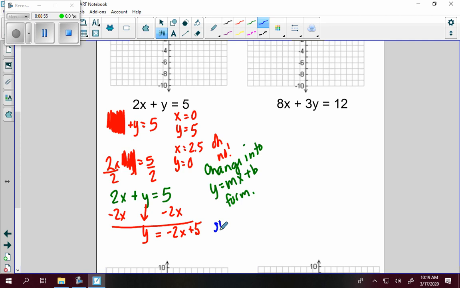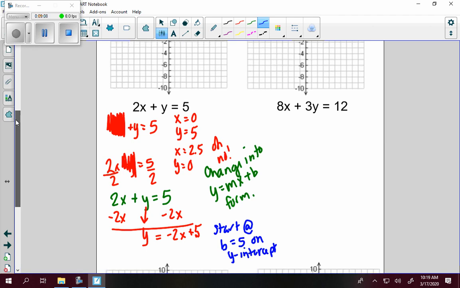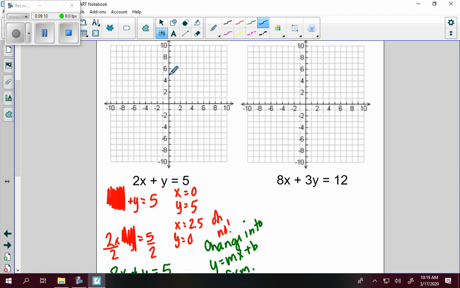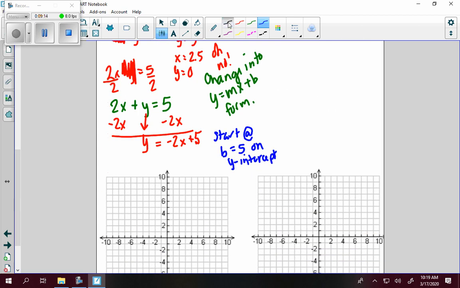So start at b on my y-intercept, y-axis. So I'm going to start at 5. And then I'm going to use my slope to find the next point.